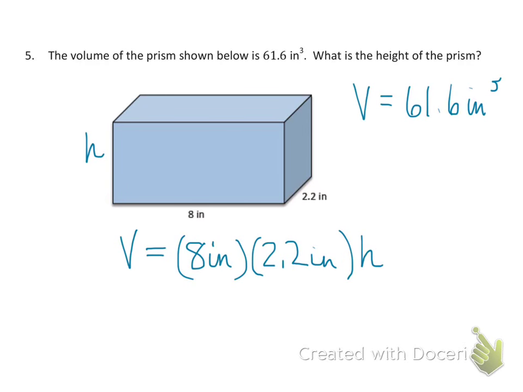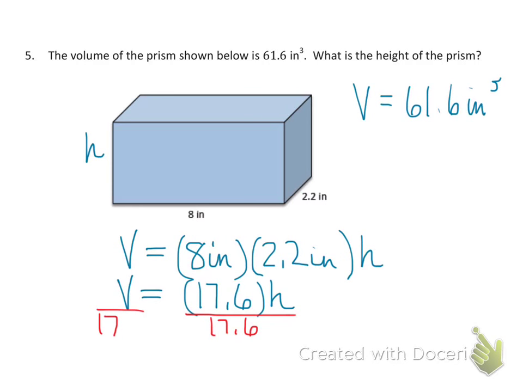So as I simplify this equation, I'm going to take the units out of it so that I just have the numbers. So 8 times 2.2 is 17.6 times h. And then to solve for h, I want to get h by itself, so I'm going to divide by that. And then I'll be able to see that the height is the volume divided by 17.6.